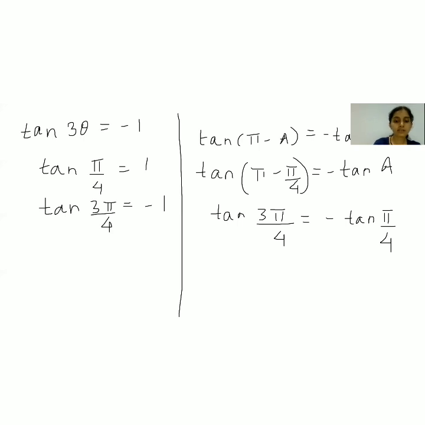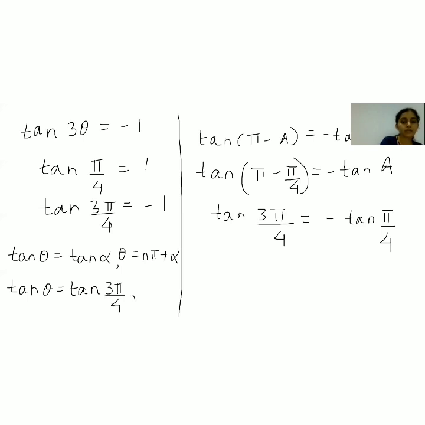Let us write the generalized solution for tan theta first. So we have tan theta is equal to tan alpha, so theta is equal to n pi plus alpha, right? So we'll use the alpha value as 3 pi by 4. So tan of theta is equal to tan of 3 pi by 4.